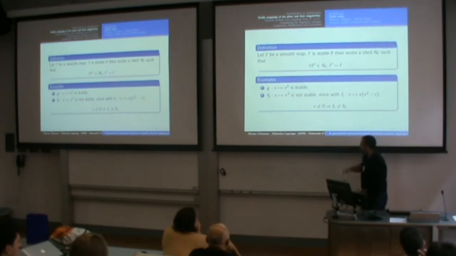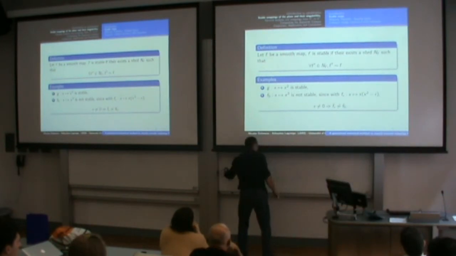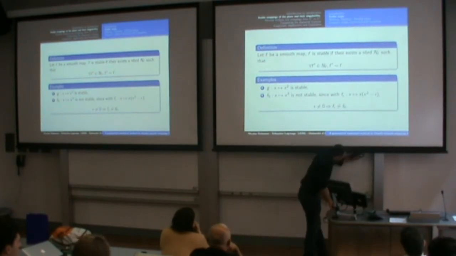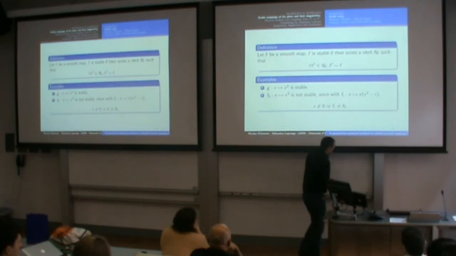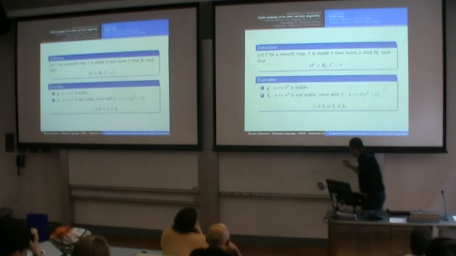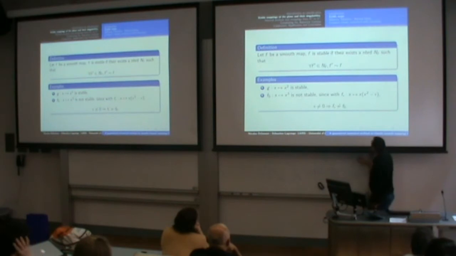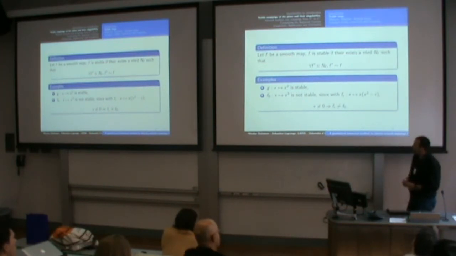And of course, each time that epsilon is non-zero, this is the map that you're going to have, something like this. So of course, this one is not equivalent to this one. This is x squared. This is x cubed minus epsilon x. So they are not equivalent, except in the case where epsilon is equal to 0. So this is not a stable map.